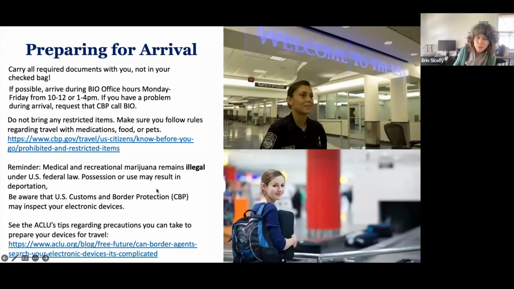Additionally, something we'll talk about after you're here, and something I'm going to tell you before you get here: medical and recreational marijuana is illegal under US federal law. Possession or use can result in deportation. So be aware that even if something is legal back home, you shouldn't be crossing the border with controlled substances.